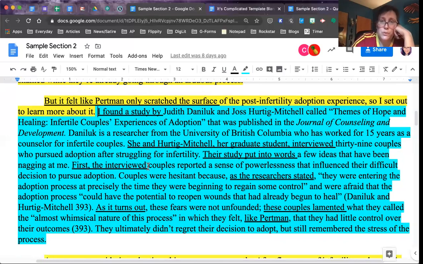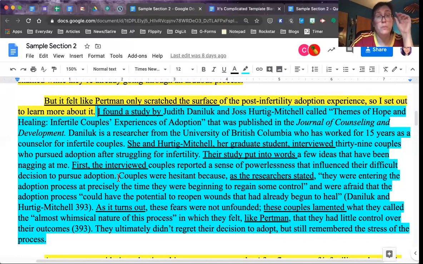First, the interviewed couples reported a sense of powerlessness that influenced their difficult decision to pursue adoption. Couples were hesitant because, as the researchers stated, they were entering the adoption process at precisely the time they were beginning to regain some control, and were afraid that the adoption process, quote, could have the potential to reopen wounds that had already begun to heal.